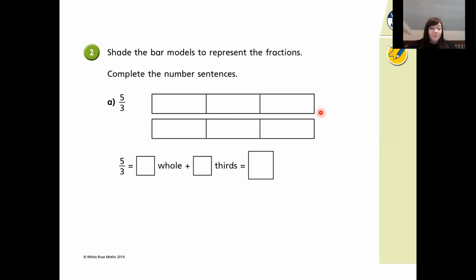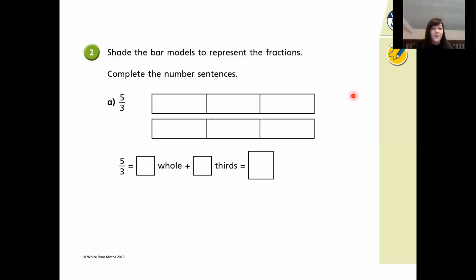Now for this one, it says shade the bar models to represent the fractions. Complete the number sentences. So for this one, can you draw 2 bars now for me if you don't have the sheets? So pause the video and draw 2 bars and split them into thirds. So you need 1, 2, 3 equal parts in both of your bars.